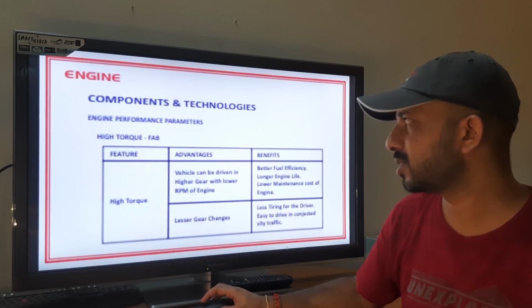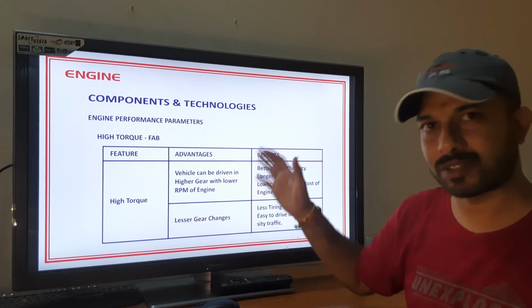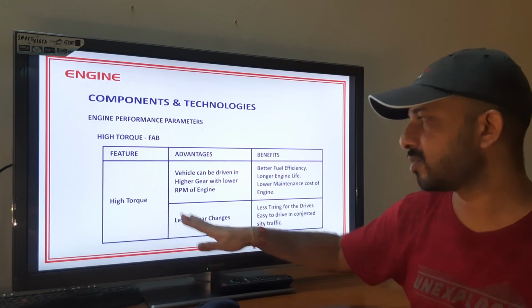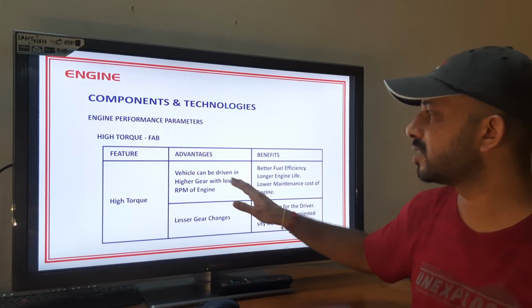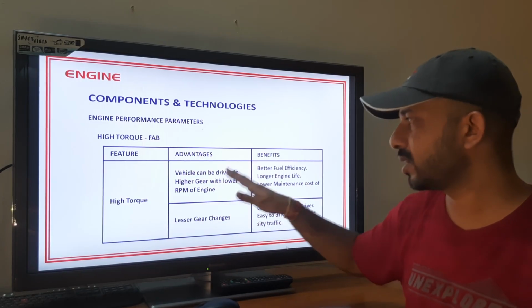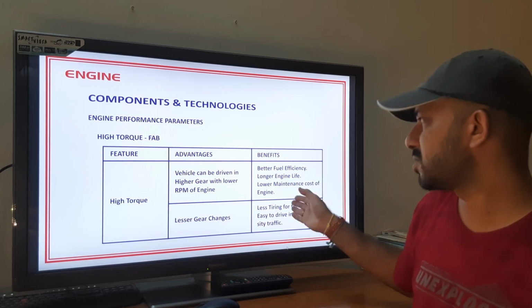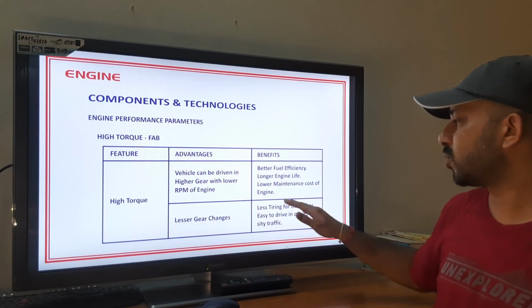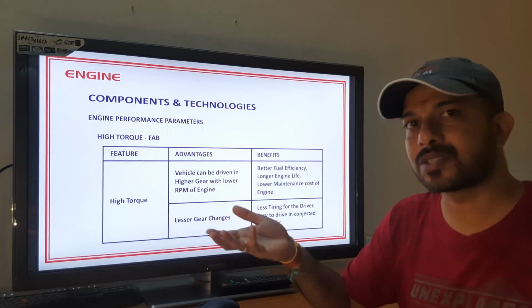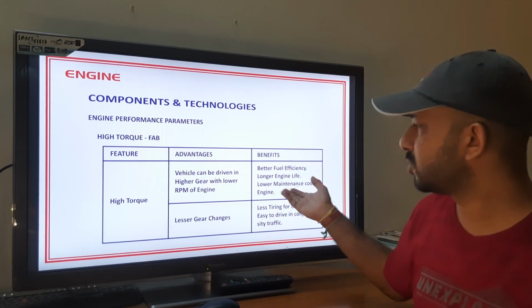Next will be the high torque FAB statement, or the FAB table. Here we have the high torque, so the vehicle can be driven in higher gears with lower engine RPM. The benefits are better fuel efficiency, longer engine life, and lower maintenance cost of the engine. When the engine is running at a lower RPM, you get better fuel efficiency.